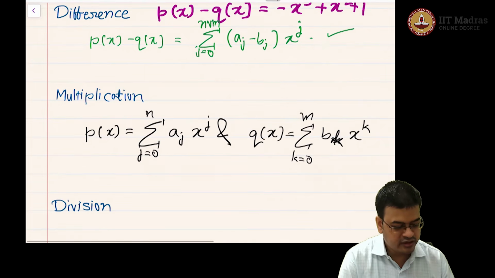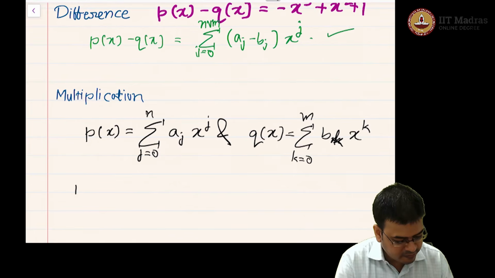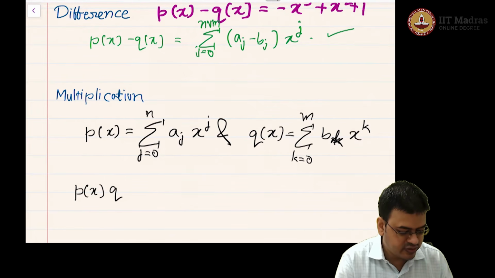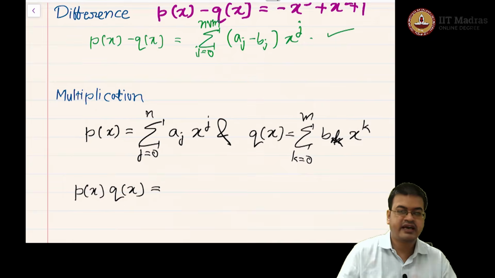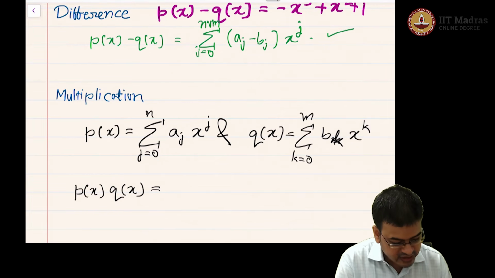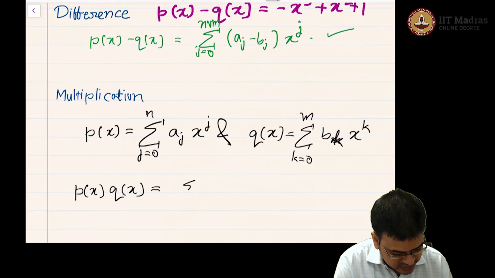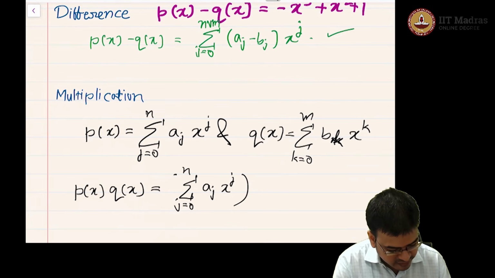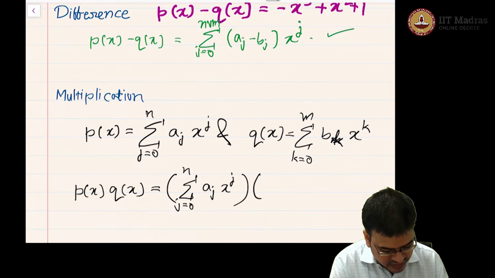Now I want to find what is the product of these two polynomials. How will I write a product? It is p(x) into q(x), the product of two polynomials. So what essentially we are doing is we are first writing p(x) which is the summation over j equal to 0 to n of a_j x raised to j and then multiplying this term by term with b_m x raised to m plus so on up to b_0.